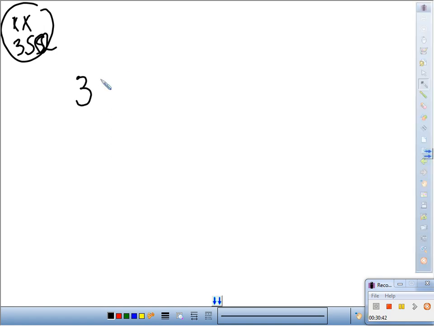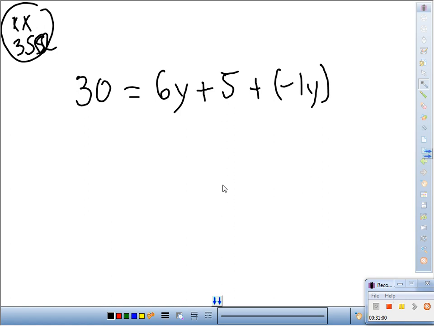Example 3 super q. 3 super q. Let's do 30 equals 6y plus 5 plus negative 1y.